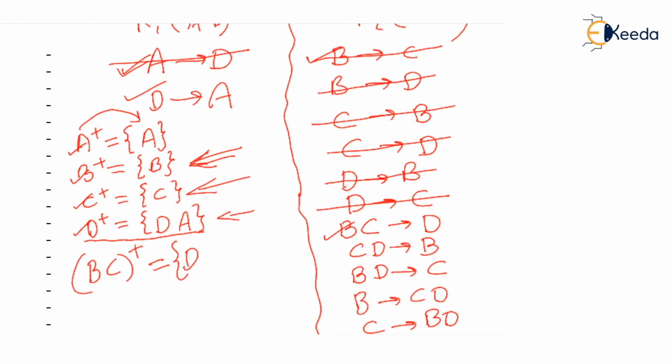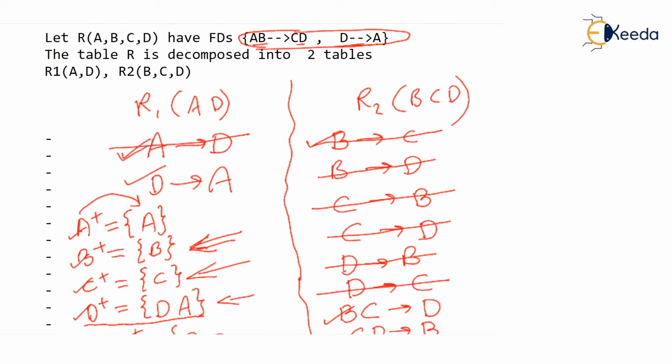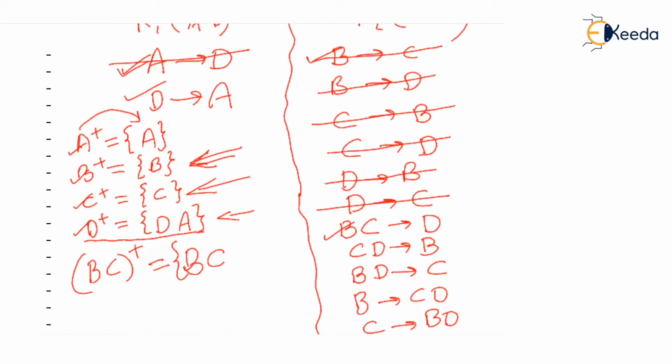BC closure will contain B and C. Note, from the original FD set, neither B nor C nor BC in combination is on the left hand side of any of the dependencies. So BC closure is going to contain simply BC. That means BC alone cannot determine D. I hope you are understanding.